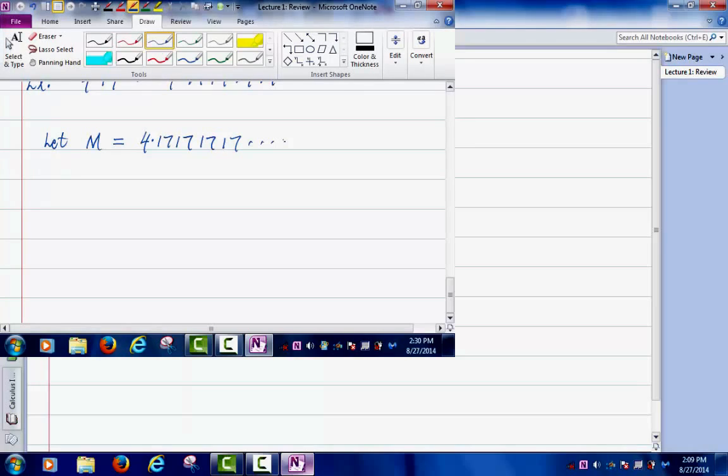I am going to multiply both sides by 100. Why 100? Because I have how many digits repeating after the decimal point? 2. So I multiply by 100. If I have 3, I multiply by 1,000. So if I multiply both sides by 100, could you tell me what I get?